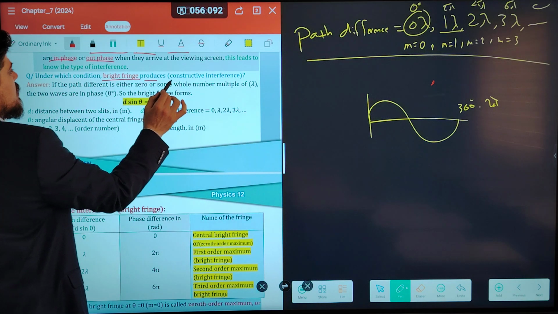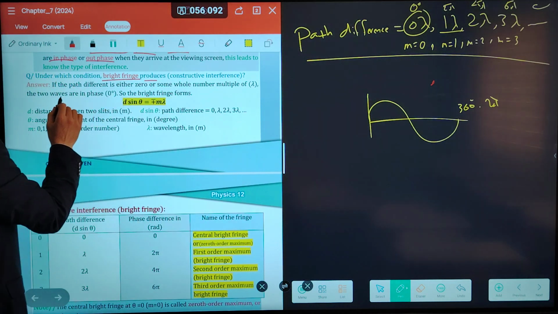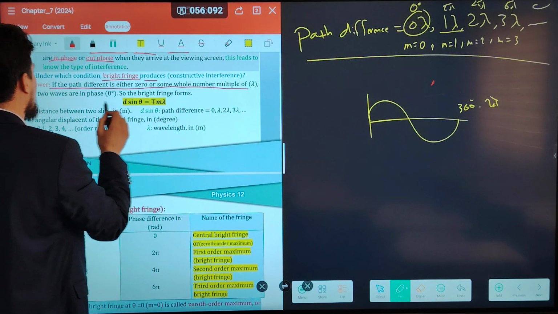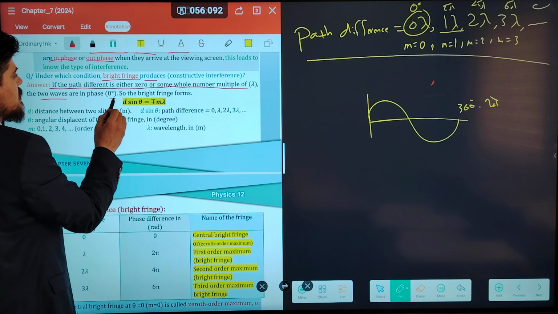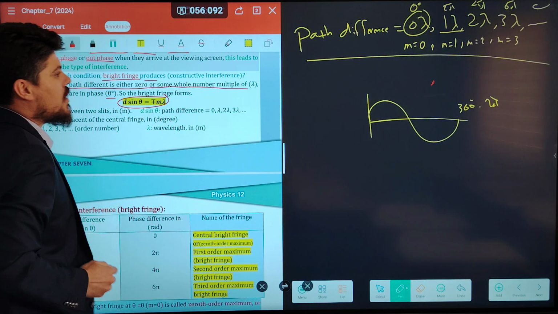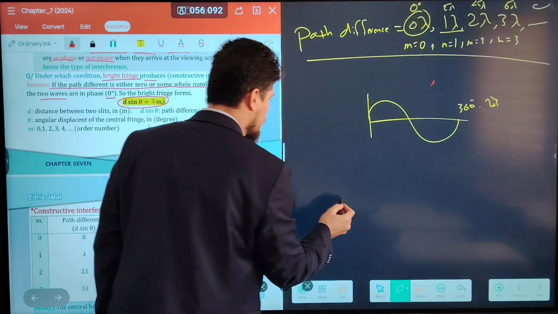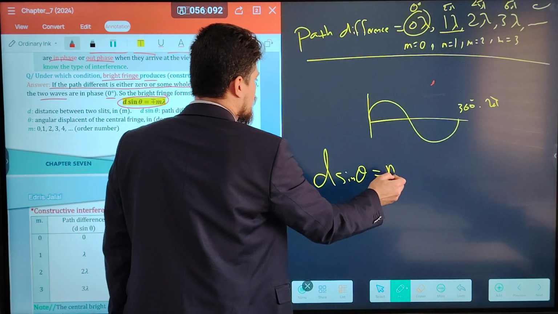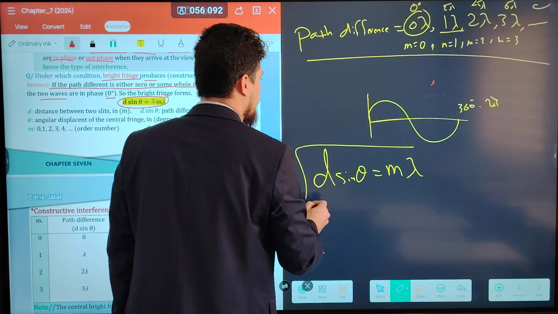So when does the bright fringe or constructive interference occur? If the path difference is either 0 or some whole number multiplied by wavelength. The two waves are in phase, so the bright fringe forms. This is the equation of bright fringe. This equation is very important. D sine theta is equal to m lambda.